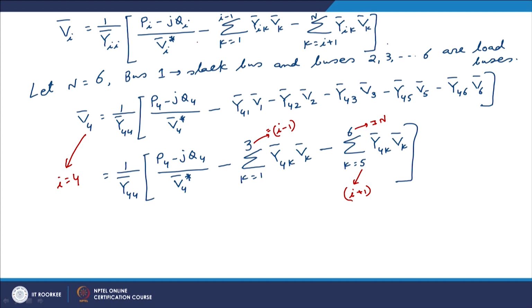So this is exactly the form we have got. We have simply separated the terms which come before the ith bus in the sequence, and taken together the other terms which come after the ith bus.